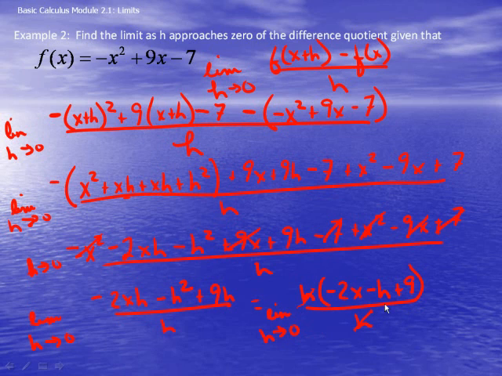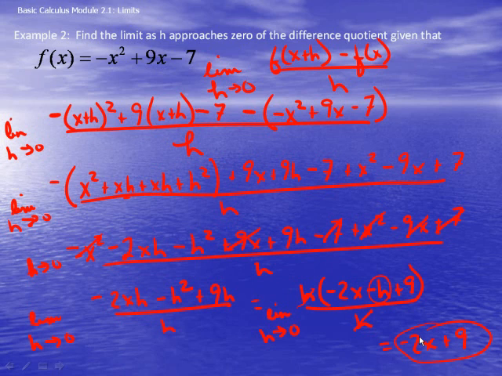And if we put 0 in for h, that's going to give us negative 2x plus the 9, because the 0 will go here at the h, and that'll cancel that out. And so this will be our limit as h approaches 0. Our answer will be negative 2x plus 9.